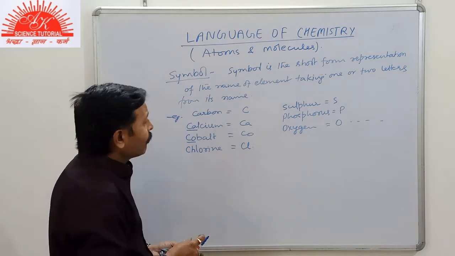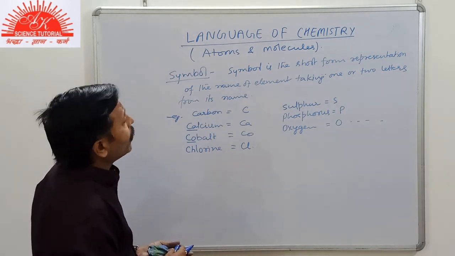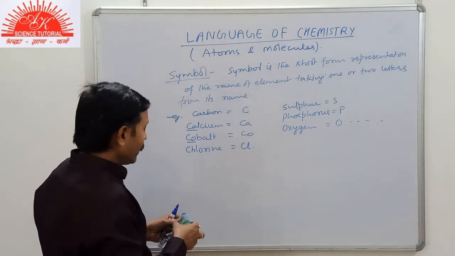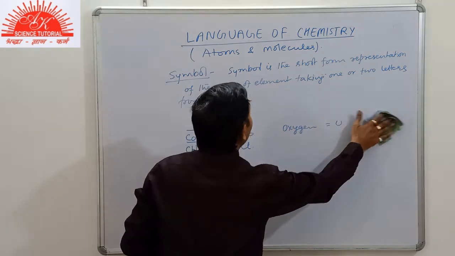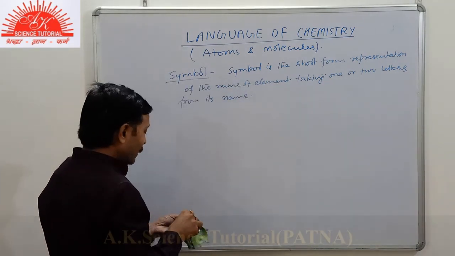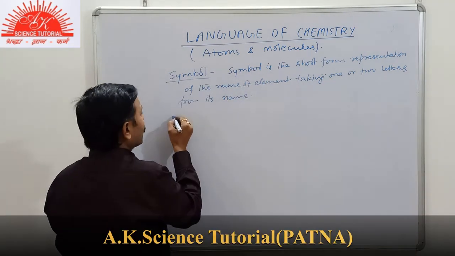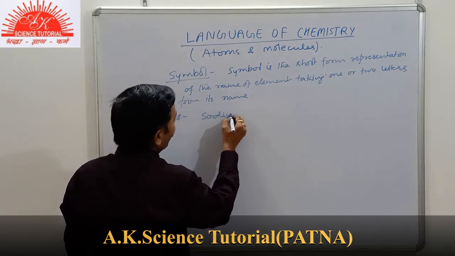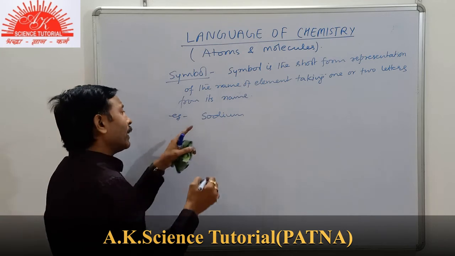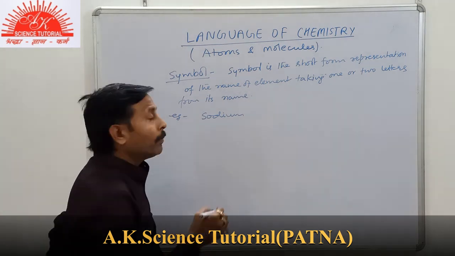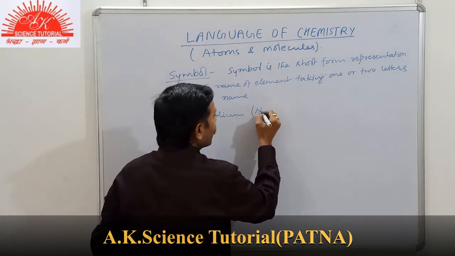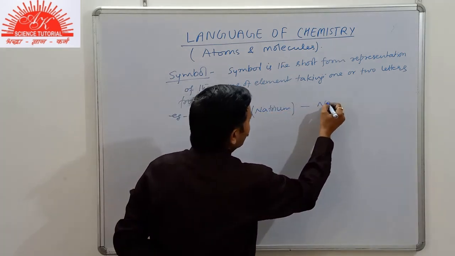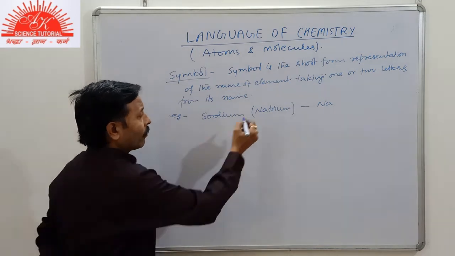But there are some elements whose symbol does not come from its English name, but we take it from its Latin name. Suppose we take sodium. Then we do not take its symbol from here, but its Latin name is natrium. Hence we take the symbol Na from here.